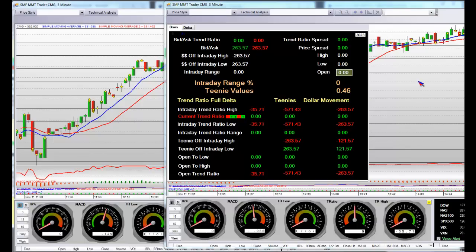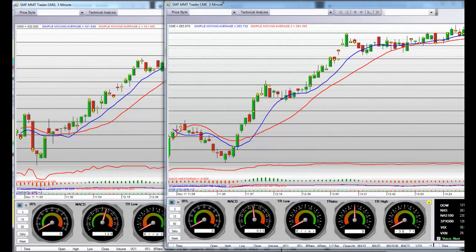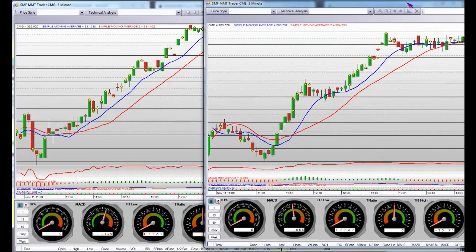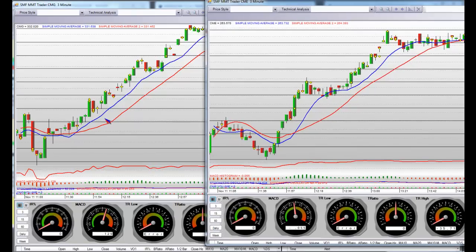So each one of these lines that we see in the chart for CME, this is CME here, we're only focusing on this part of the video where the breakouts occurred in both of the names. And how do I identify 1, 2, 3 teenies up?